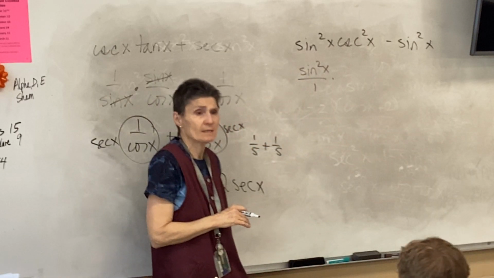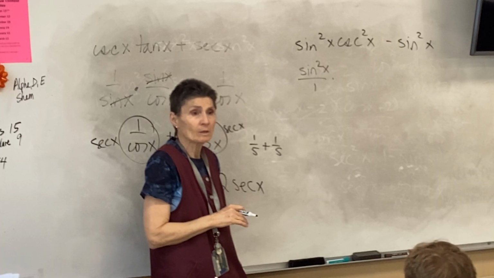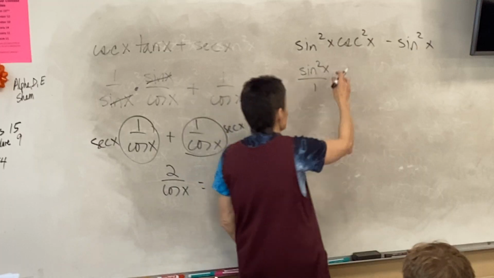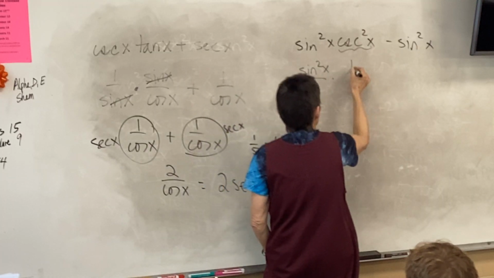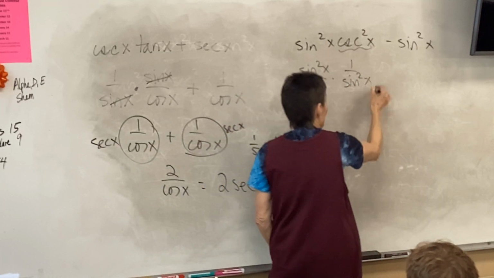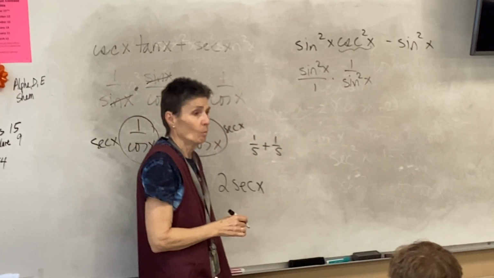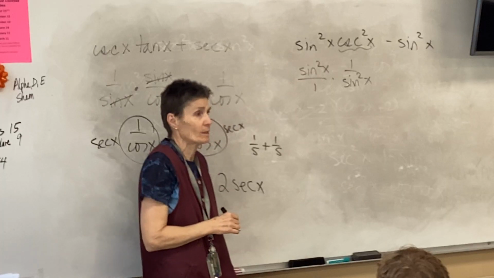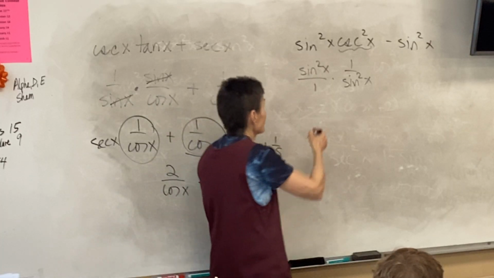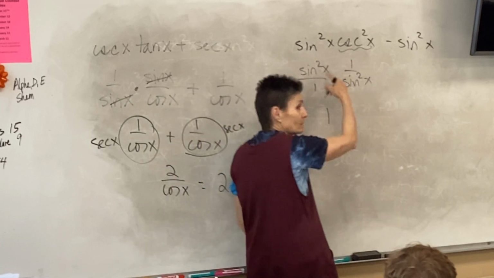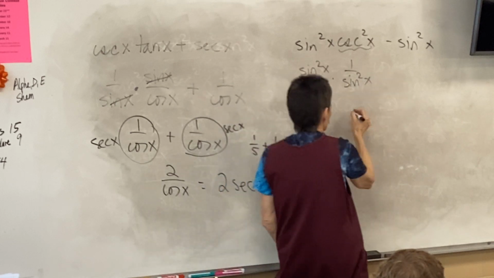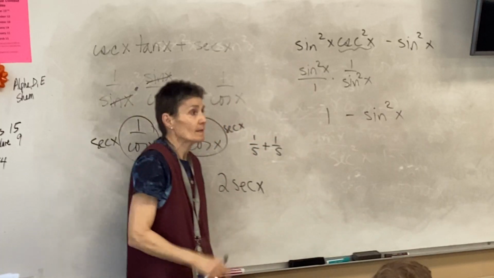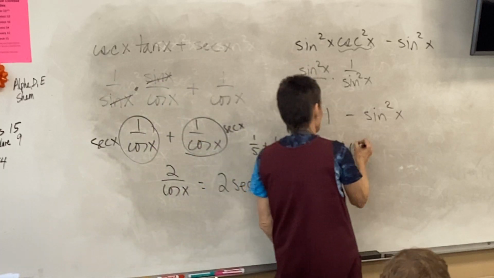Cosecant is the reciprocal of the sine. So this guy right here could be 1 over sine squared. Would you agree with me? Well, what happens when I multiply sine squared times 1 over sine squared? It all cancels, so this just equals 1. And then I still have my minus sine squared. That's cosine squared. Bingo, done.